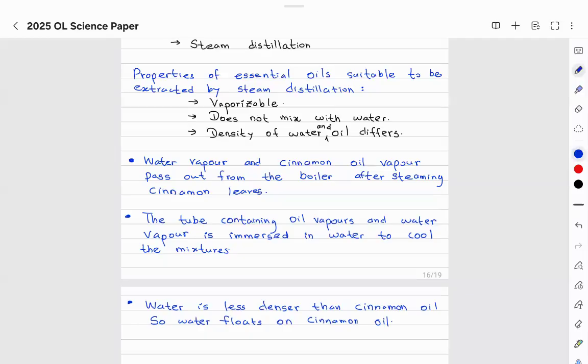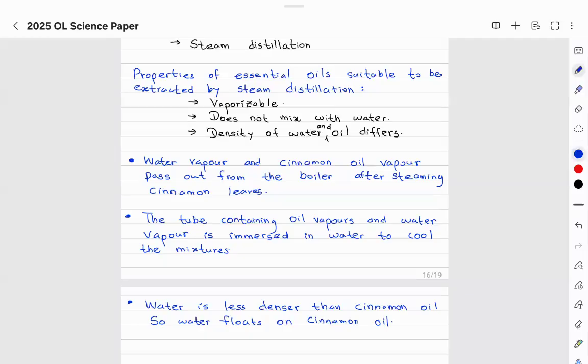No, no. Typically, oil is less dense than water. Oil is floating on water. But when you consider cinnamon oil and water, Amir, cinnamon oil has a higher density than water. Remember that, okay? Maybe that is an MCQ point. You might get confused there, right?